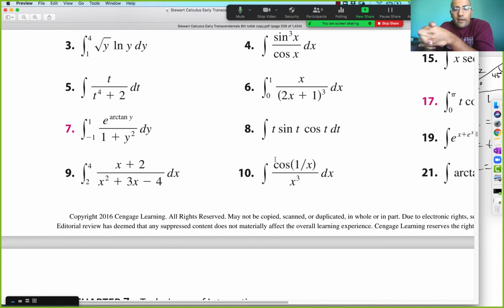Try separating it as 1 over x times cosine of 1 over x squared. Try doing that, and I think that will lead to good things. Let u equal 1 over x, and dv equal cosine of 1 over x squared. I think that should work out.